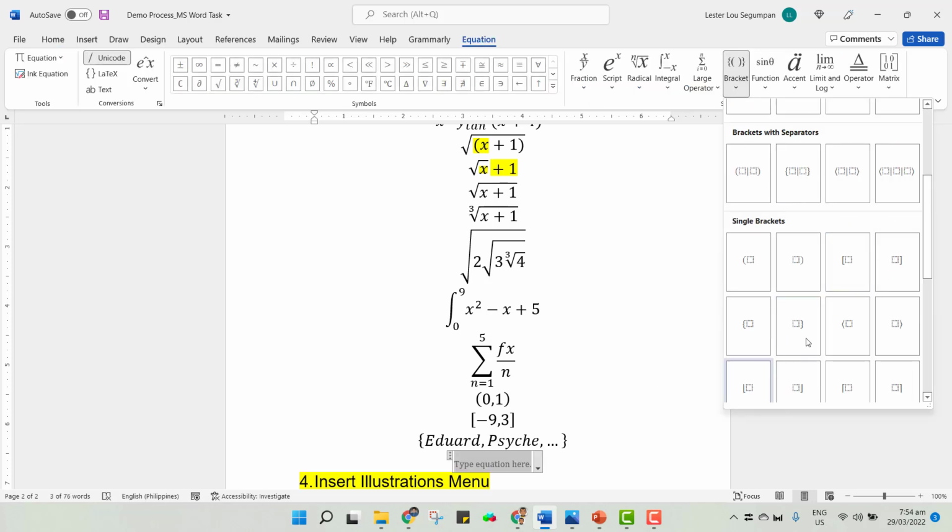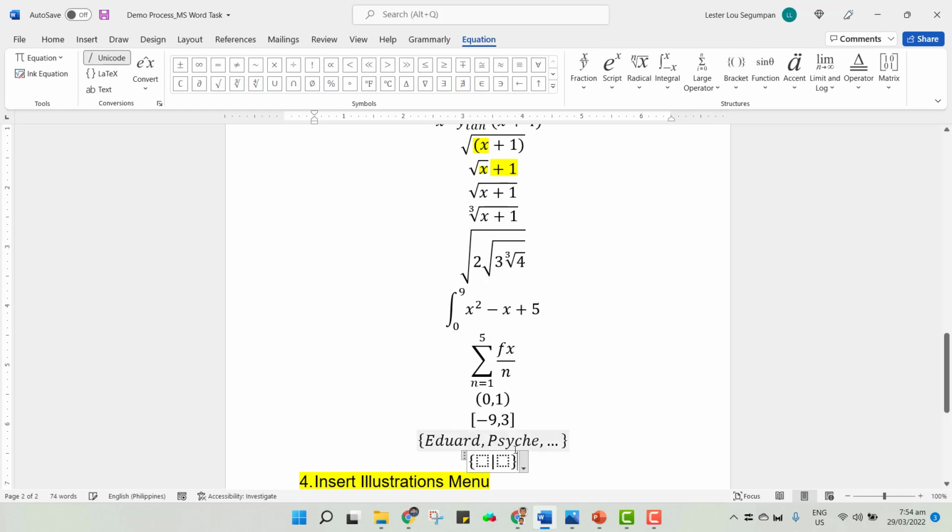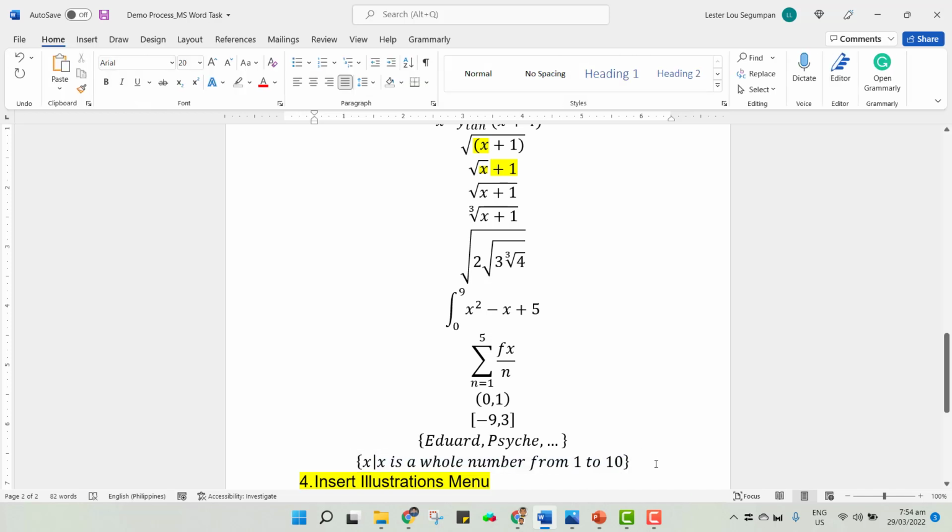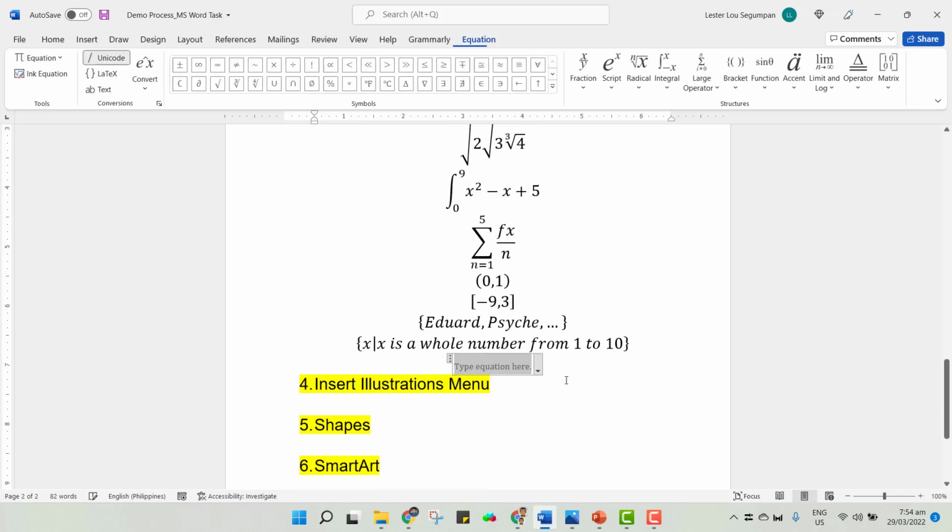We also have here the separators, where set of X such that X is a whole number from 1 to 10. That's for making of set notations.